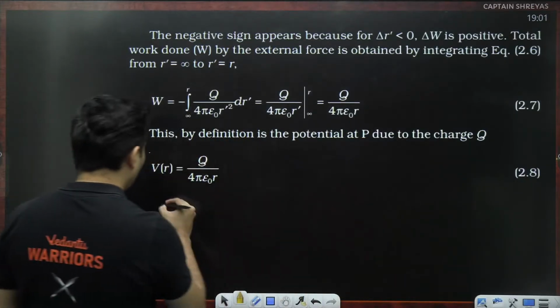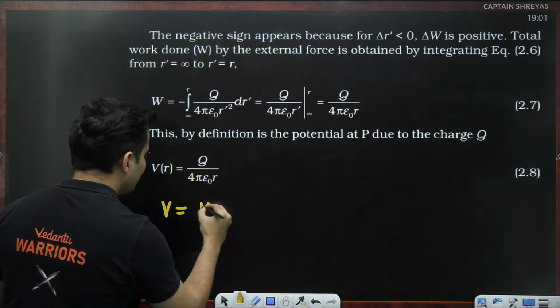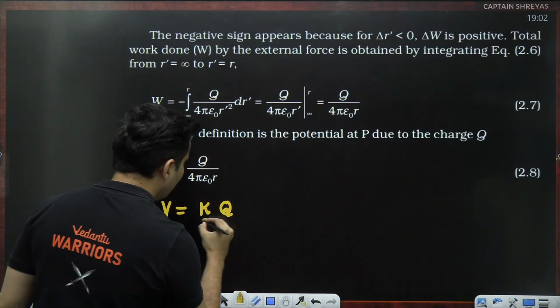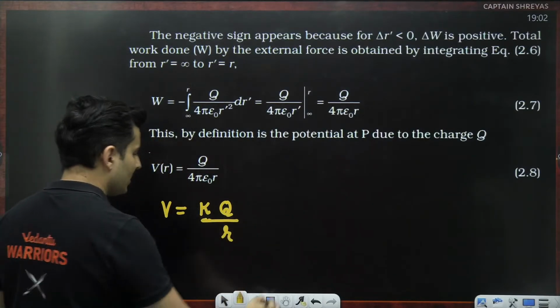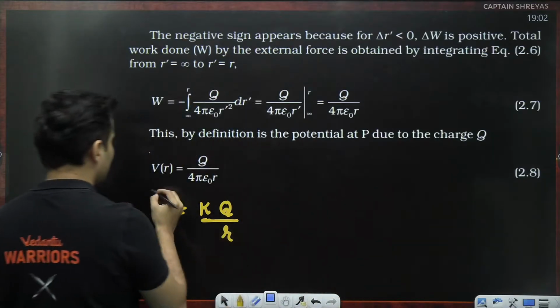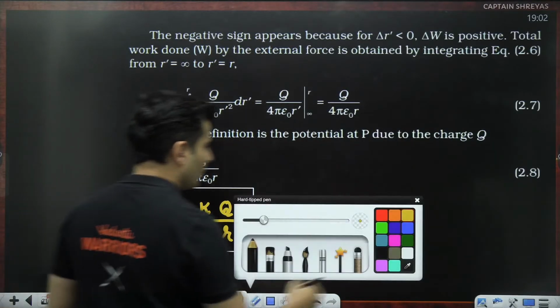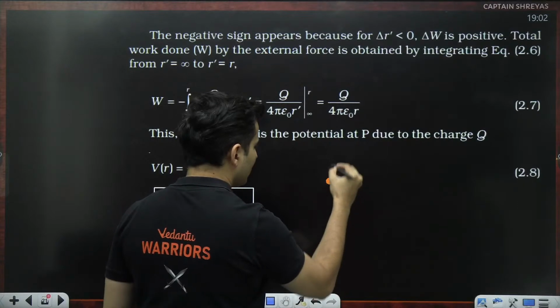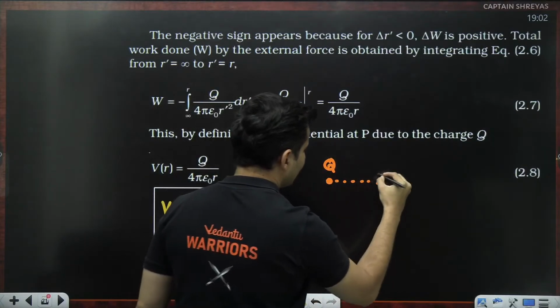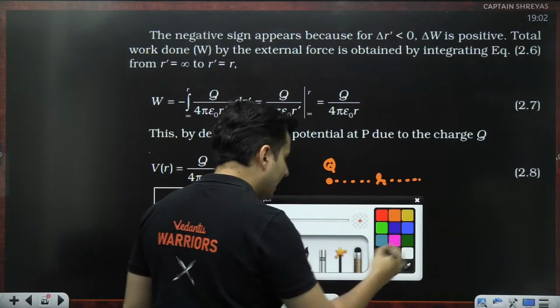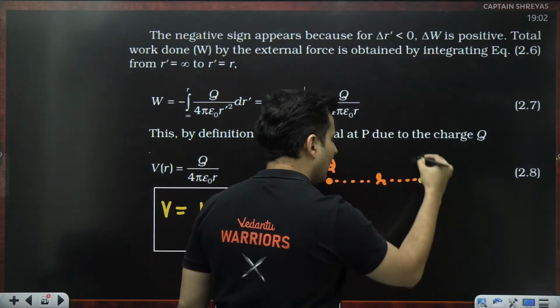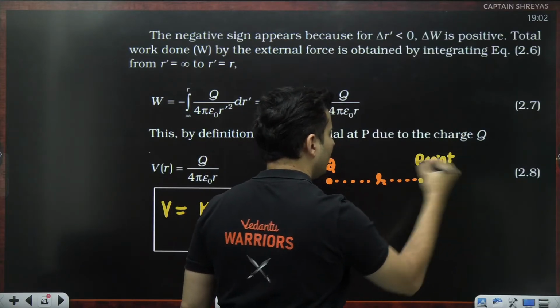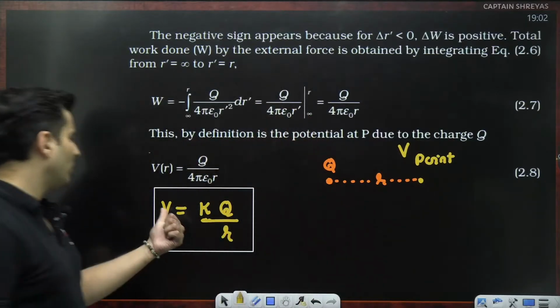So the potential at any point will simply be KQ divided by R. K is the Coulomb's constant. Nothing more, nothing less. So you have a charge over here, and you are at a certain distance from it. At that particular point, there will be some potential. So what is the potential at that point?